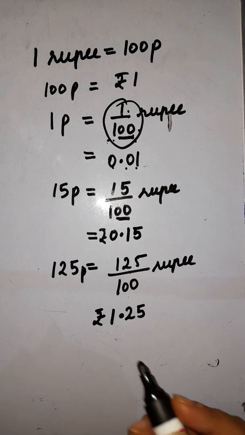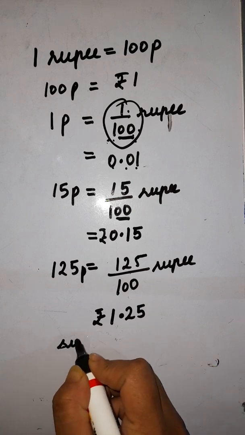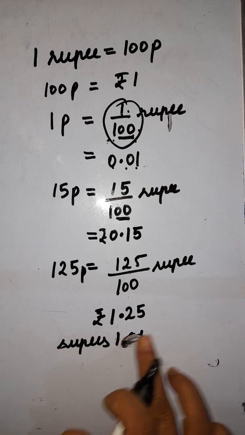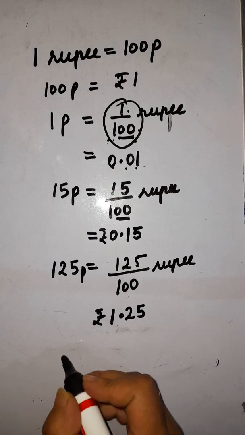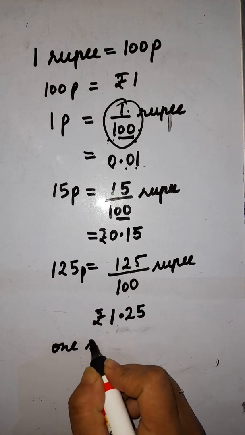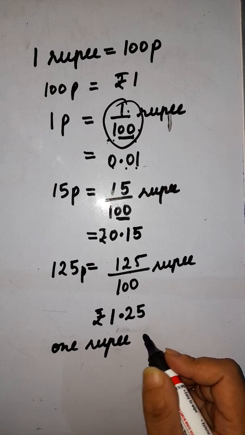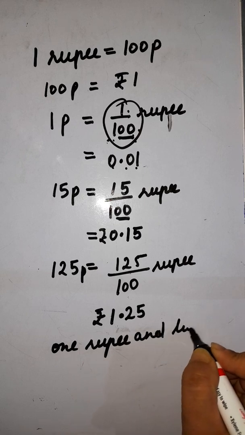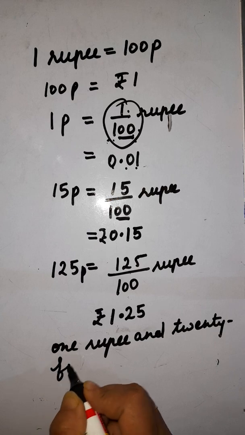In the word form, we'll write it as 1 rupee and 25 paise.